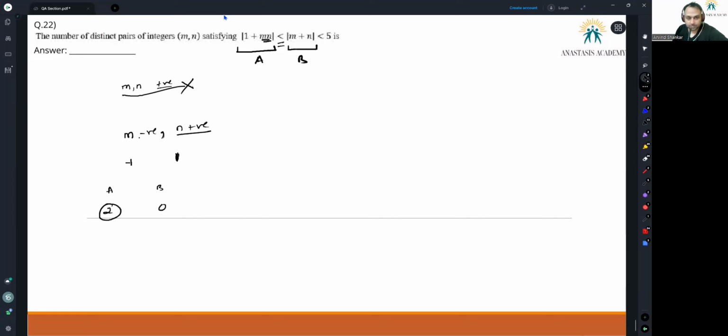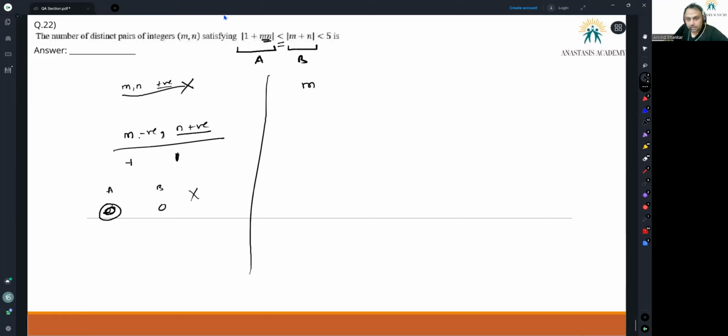This is becoming equal to 0. In either case, the condition is not fulfilled. Even if we had taken larger numbers, the condition will not get fulfilled.